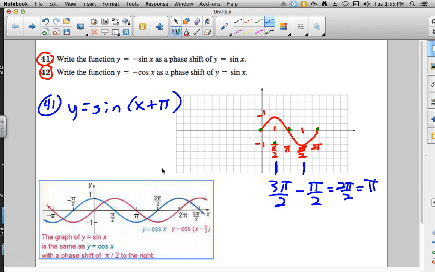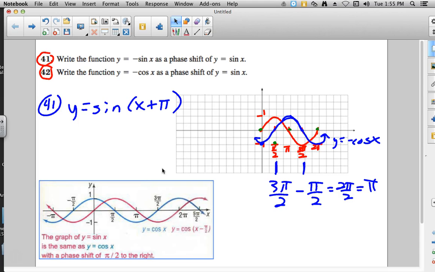So cosine usually starts at positive 1, but if it's negative, it's going to start low and then follow that wave pattern. All right, let me label this one. There we go. So now we take a look at that, and it says write that function as a phase shift of y equals sine of x.